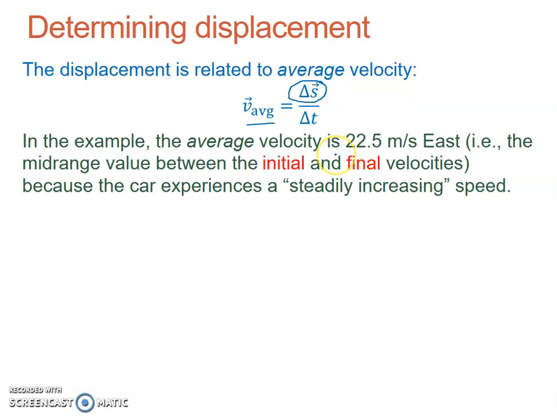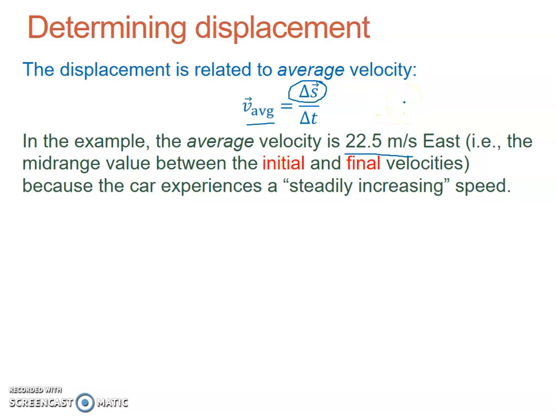Let's say you have a car that's going 20 meters per second east, and after several seconds, it's going 25 meters per second east. If it's increasing its velocity at a constant rate, that means the average is going to be 22.5 meters per second.